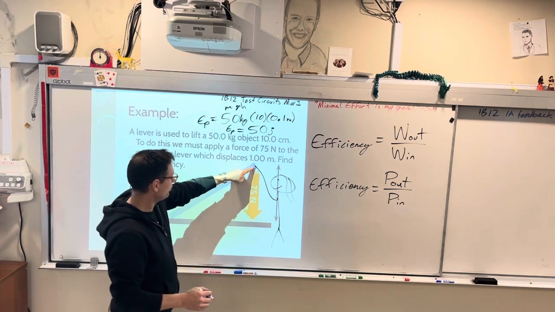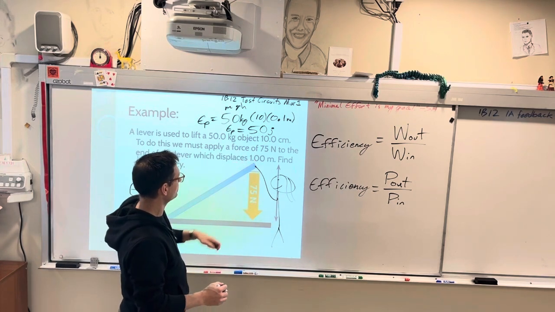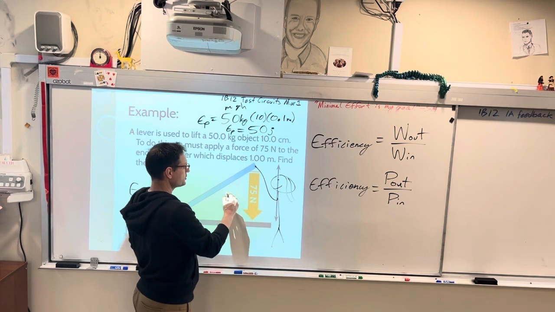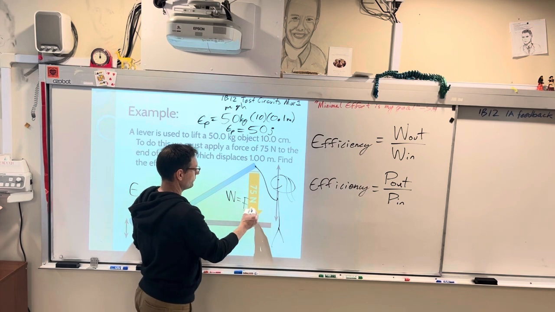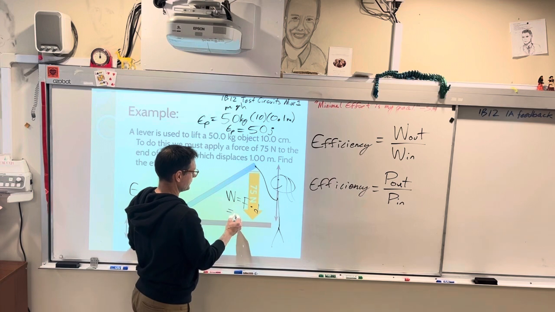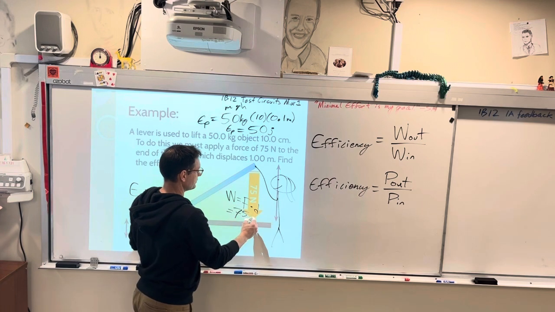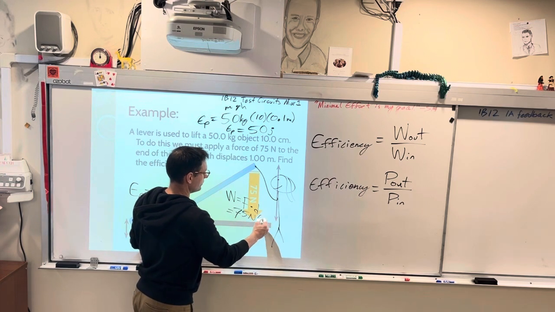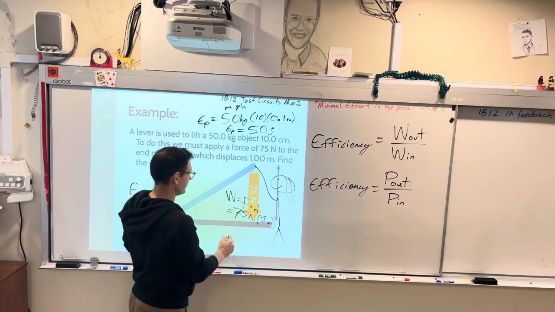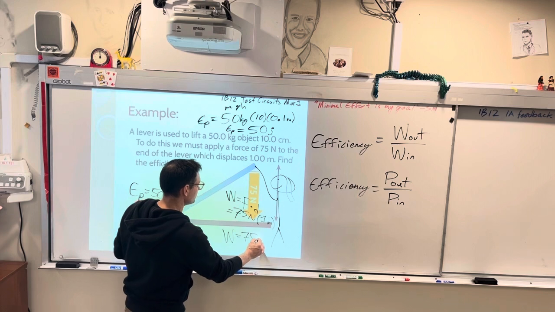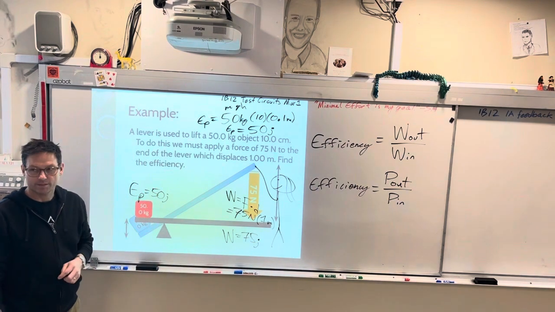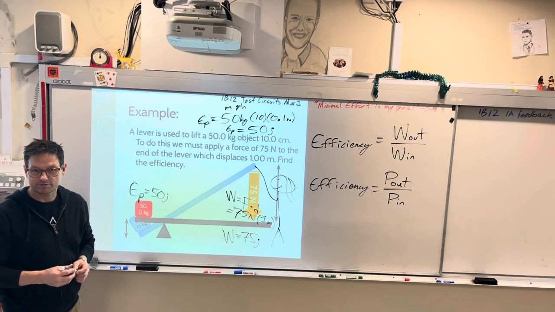Now she has to pull with 75 newtons over 1 meter. So how much work did she do here? It's force times distance. She pushed with 75 newtons over 1 meter. Sorry, it's getting hard to see. So she put in 75 joules of work. Is she 100% efficient?